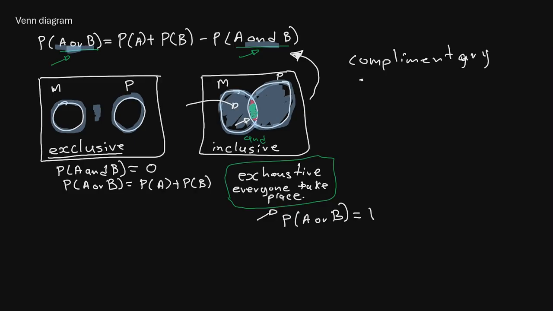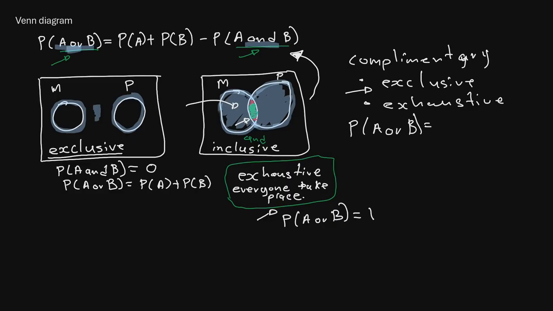So if the events are mutually exclusive and also exhaustive, the events will be complementary. We know that if the events are mutually exclusive, the probability of A or B is given as probability of A plus probability of B because we don't have the intersection.